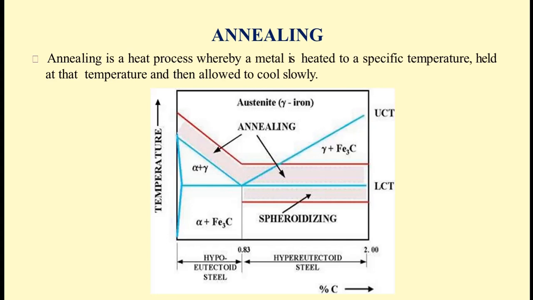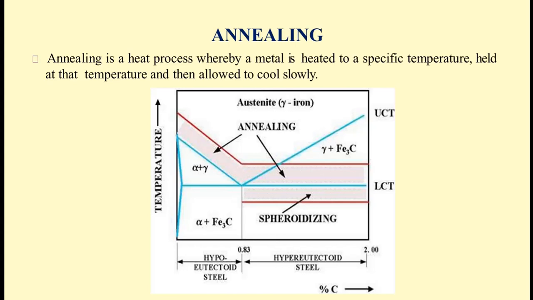Now if we observe the diagram, this is the first bottom segment of the iron carbon diagram, where the temperature is restricted within 910 degrees centigrade to room temperature on the left hand vertical axis, and the bottom horizontal axis clearly indicates the hypoeutectoid and hypereutectoid regions of steel.